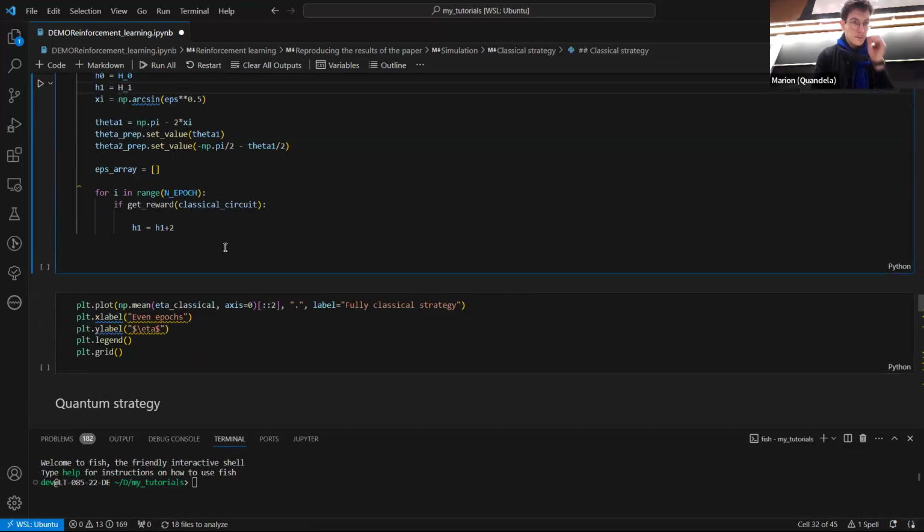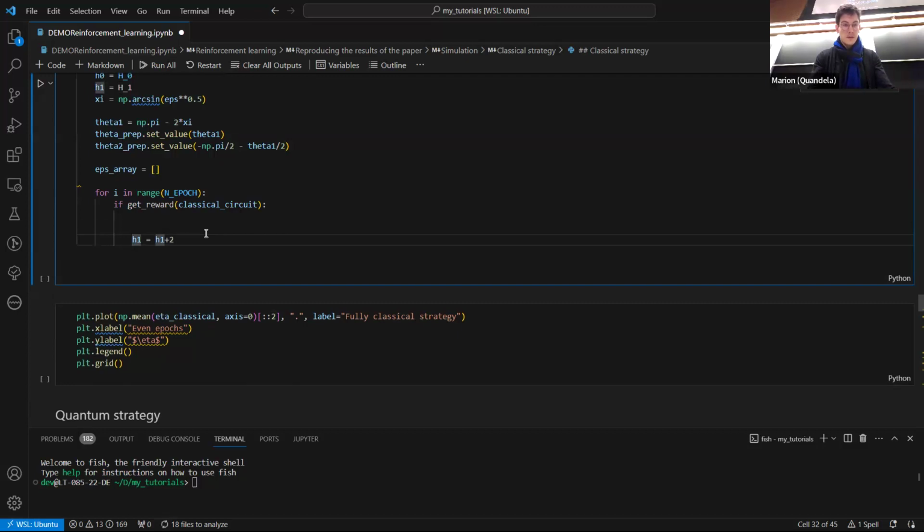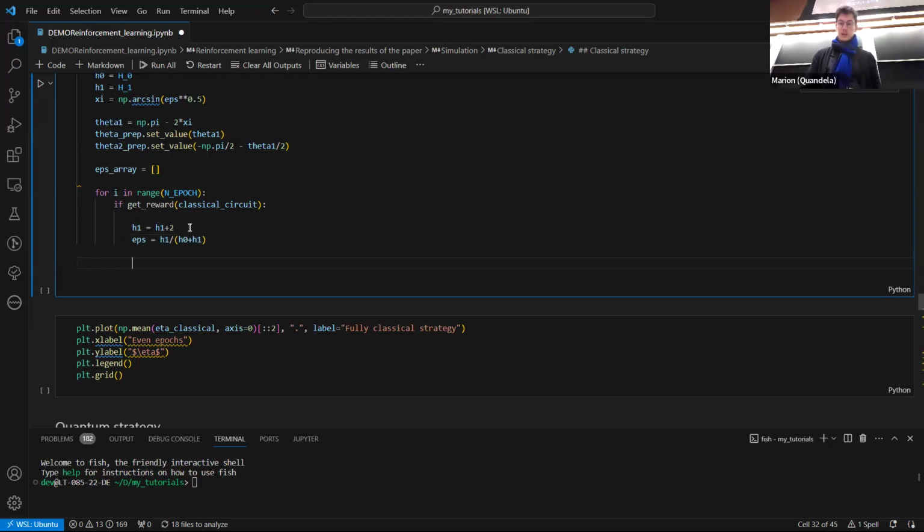Okay. So then it's going to give a new weight for epsilon. So epsilon is going to be the same, H1 divided by H0 plus H1, but then H1 has changed, so epsilon is going to give more weights to the winning state.